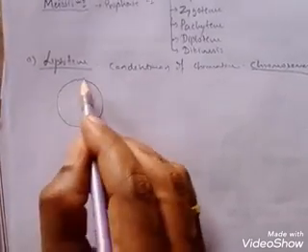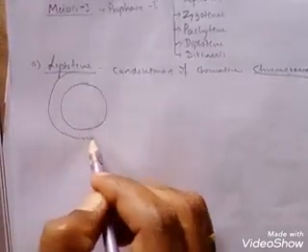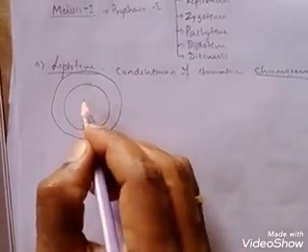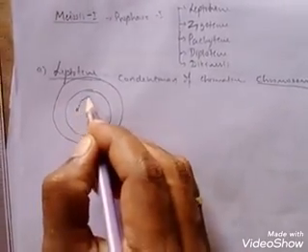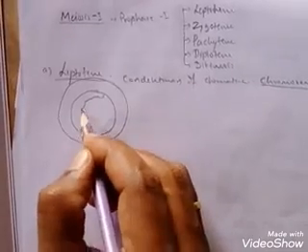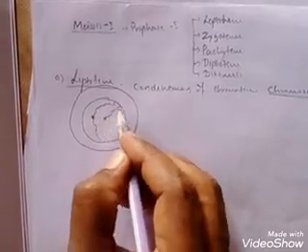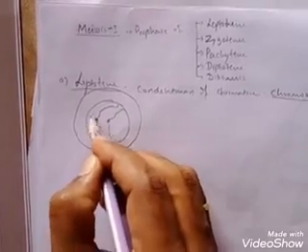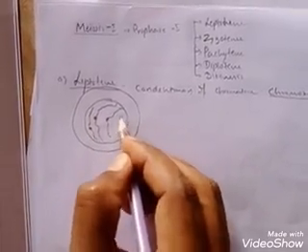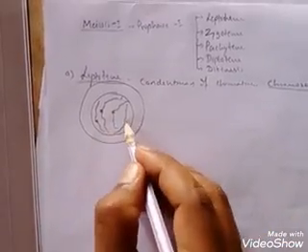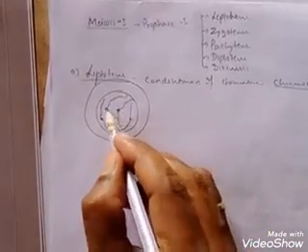this is the nucleus, and this I will consider as the cell, right? In this nucleus the chromosomes are elongated and thread-like, right? So I can show the chromosomes like this. These are the chromosomes I have chosen here.